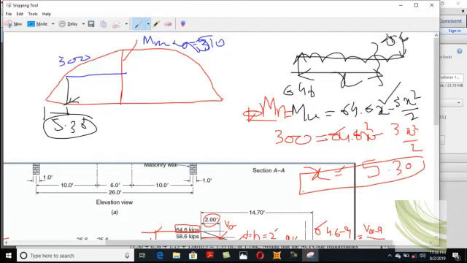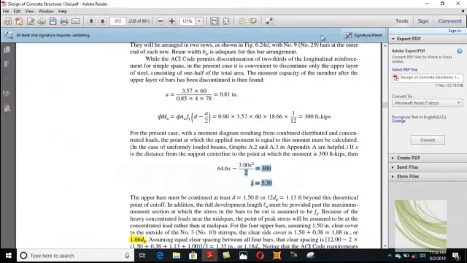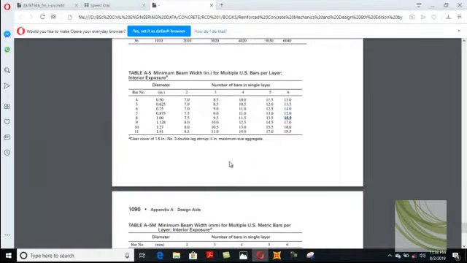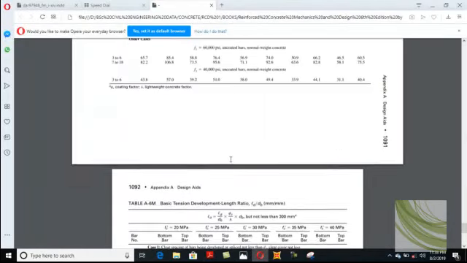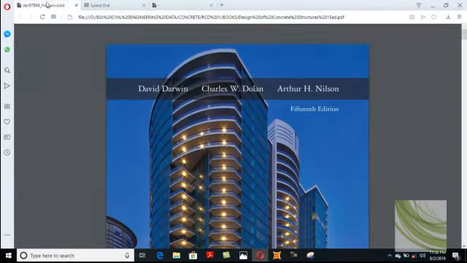So from SAP you can determine it easily. You can also use ACI tables, which are at the end of this book. From these tables you can easily get it.